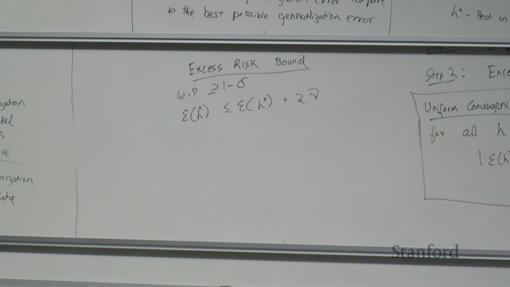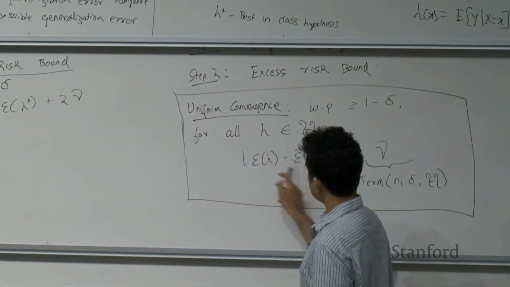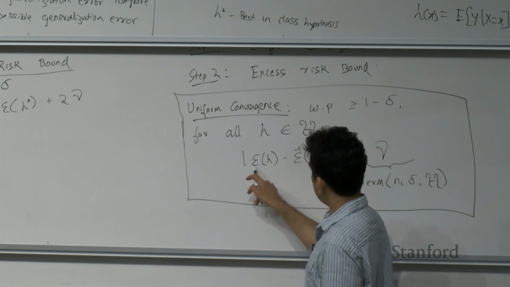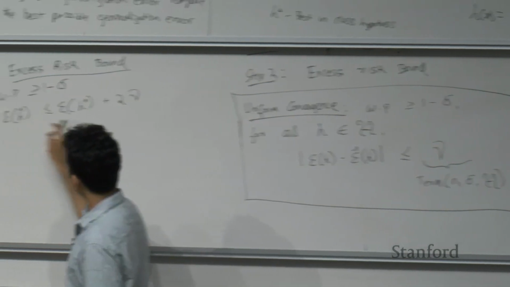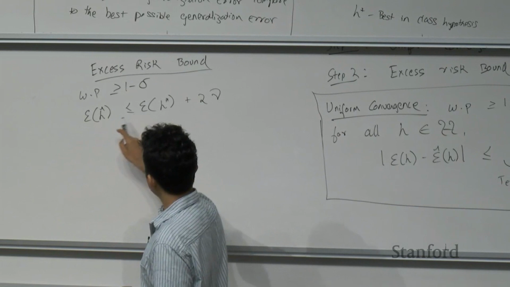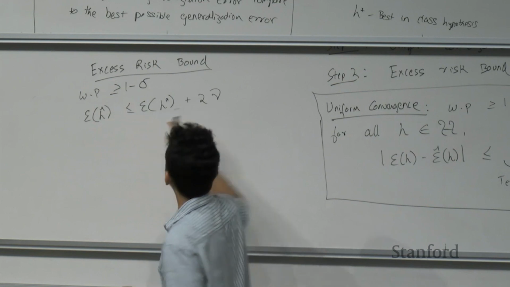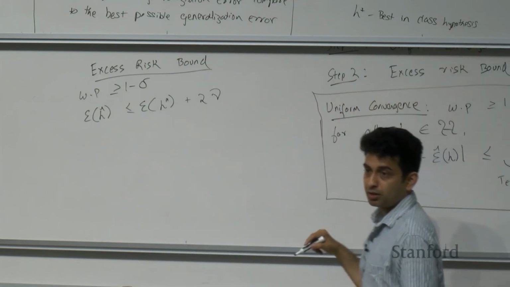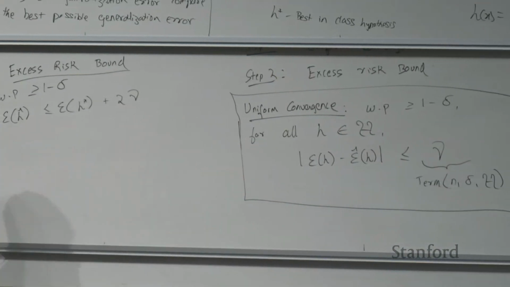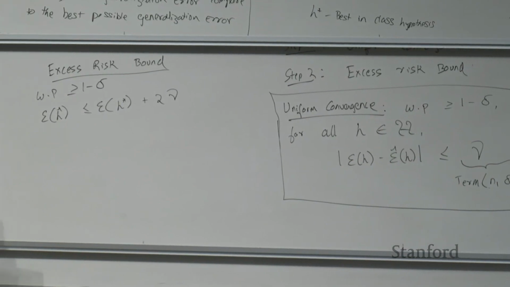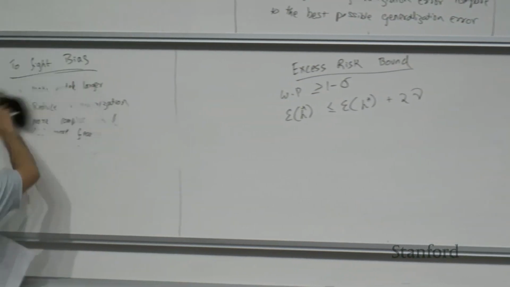In uniform convergence, we are talking about the same h but the different risk functions: the gap between the true risk and the empirical risk. Whereas here, we're talking about the true risk itself, but it's the difference in the true risk between our estimated hypothesis, h hat, and the best in class hypothesis, h star. The only difference between the two is that from gamma, we went to 2 gamma. Why is that? This is a pretty cool, very intuitive result.